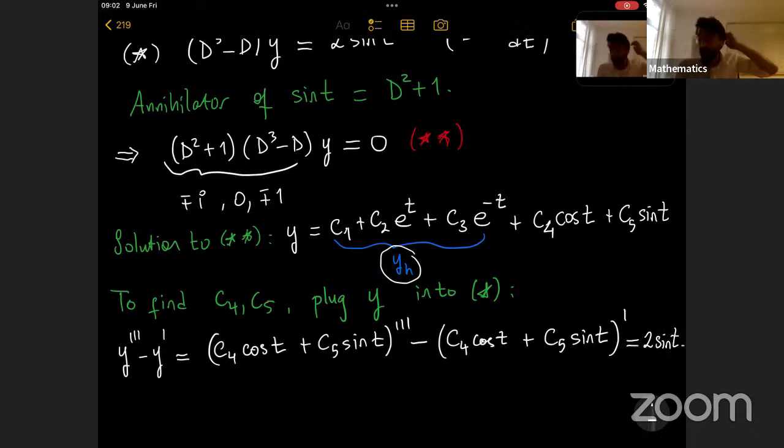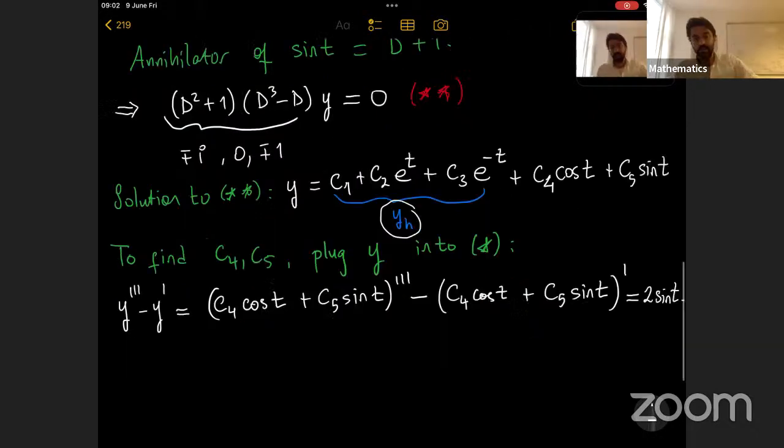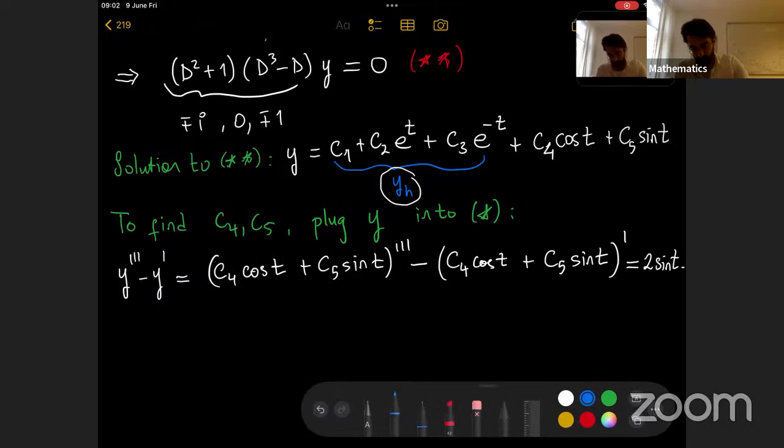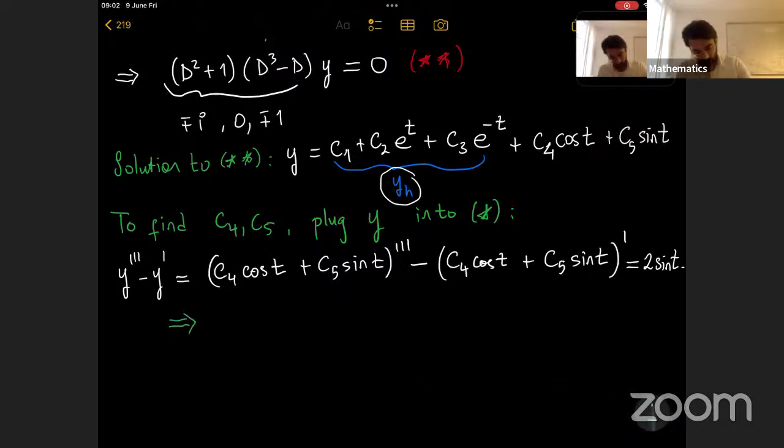You just compute these derivatives like in the previous one. I will not do it, but you can check this yourself. When you solve it, C4 will be 1 and C5 will be 0. You can check this easily.